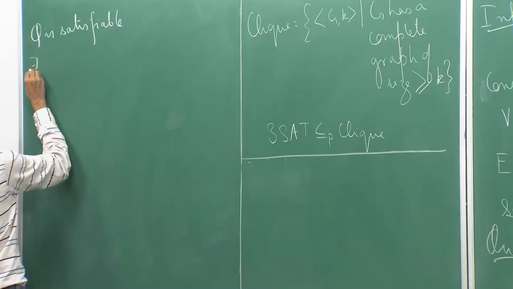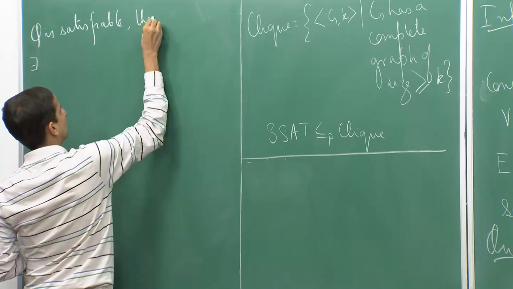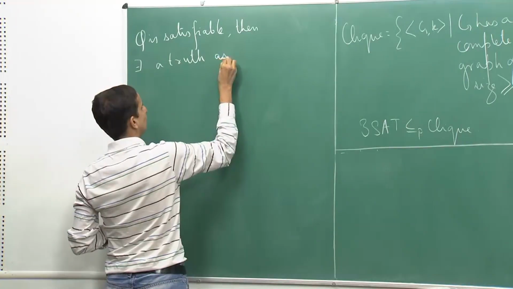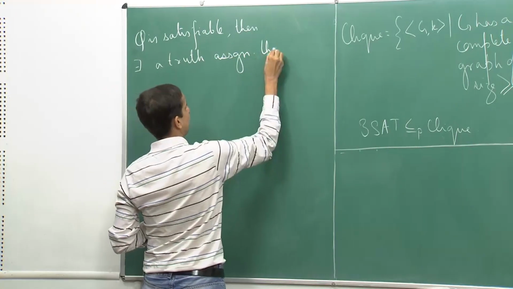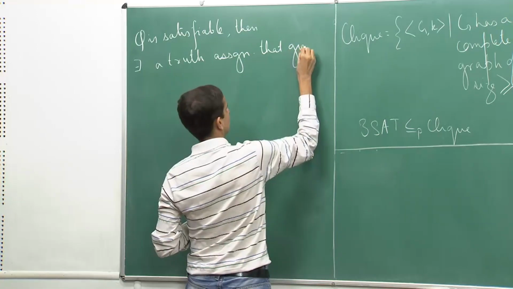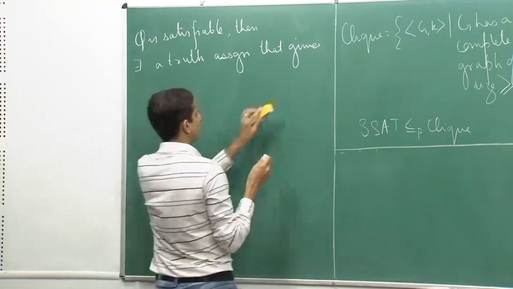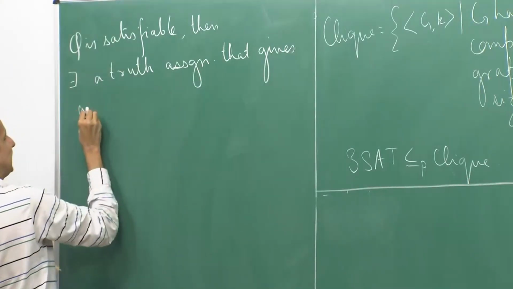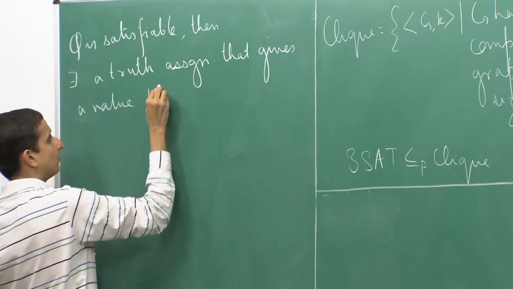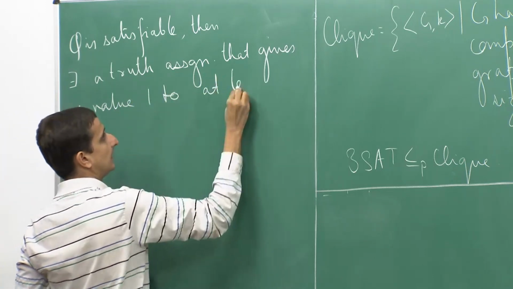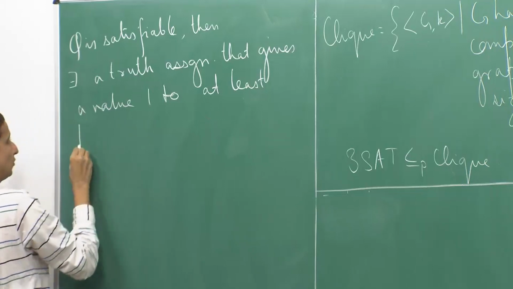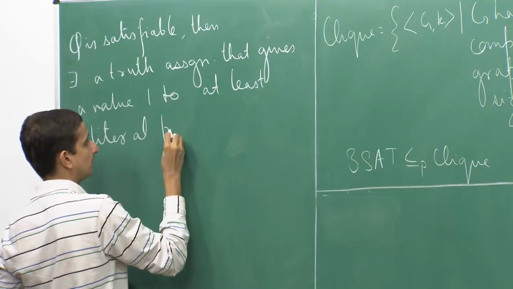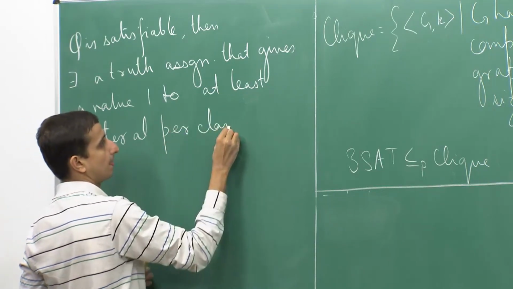So, then there exists a truth assignment that gives a value 1 to at least one literal per clause.